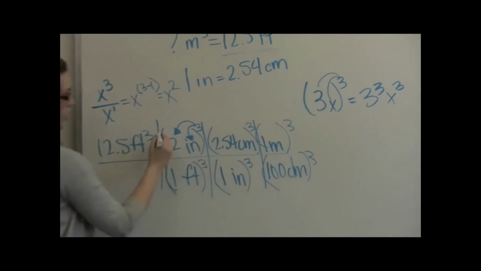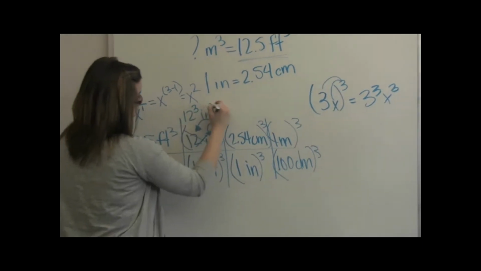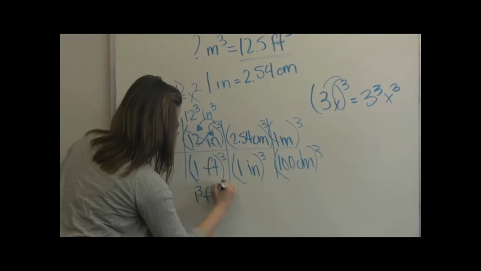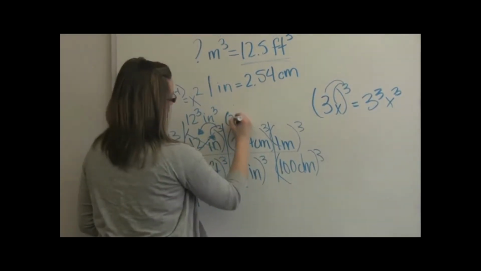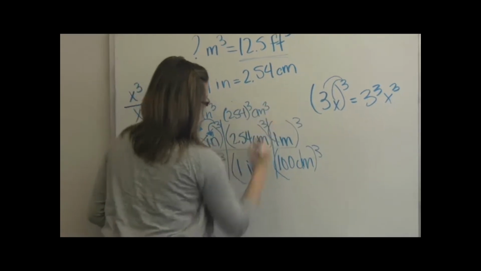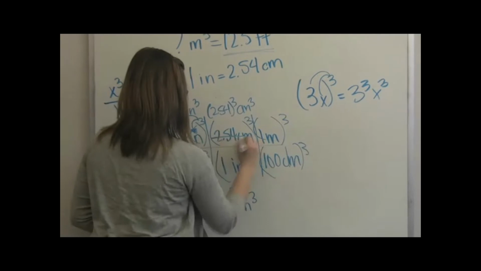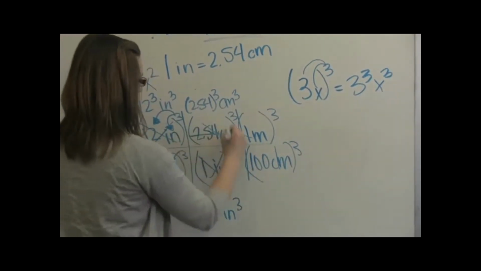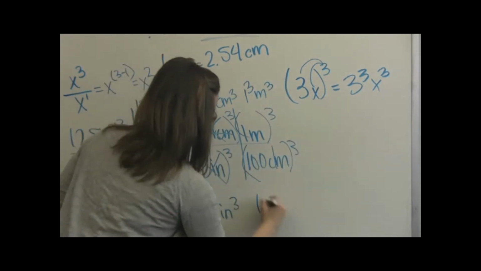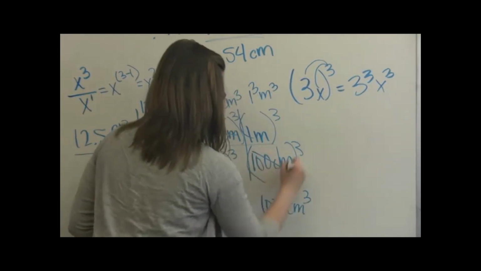So this number has now become 12 cubed inches cubed and 1 cubed feet cubed, and so on to 2.54 cubed centimeters cubed, 1 cubed inches cubed, cross those out, and 1 cubed meter cubed up there, and 100 cubed centimeters cubed.